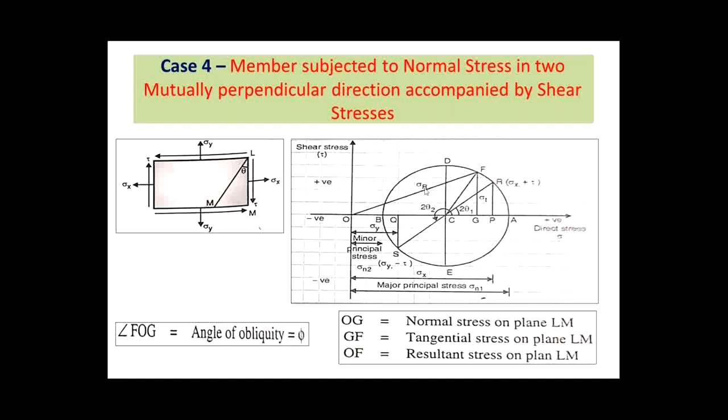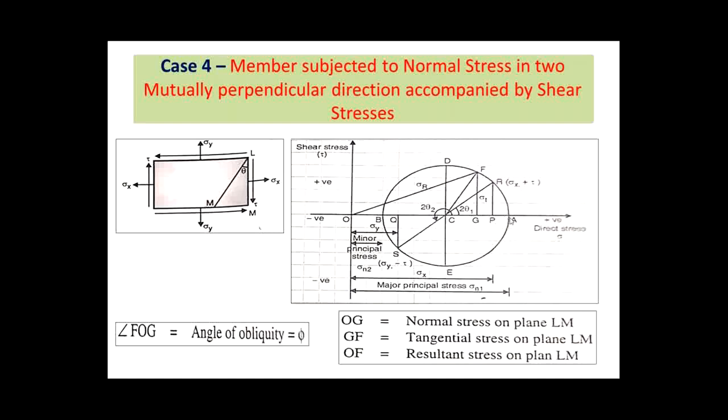Obliquity is the angle made by the resultant stress with the normal stress. So the angle FOG is the angle of obliquity. Whatever particulars are required can be taken from the Mohr circle.